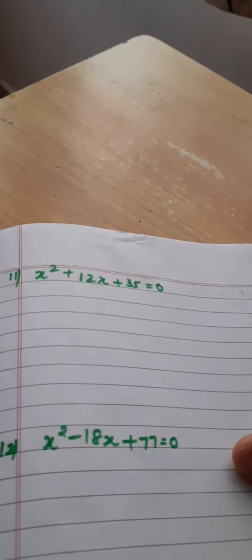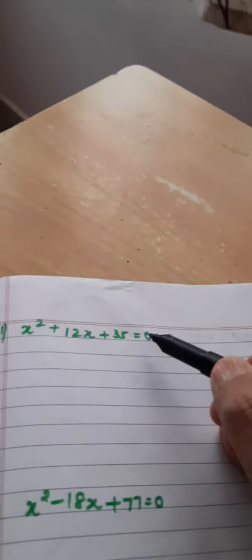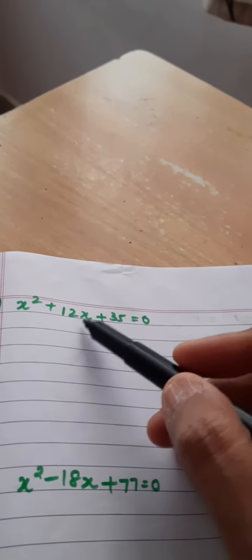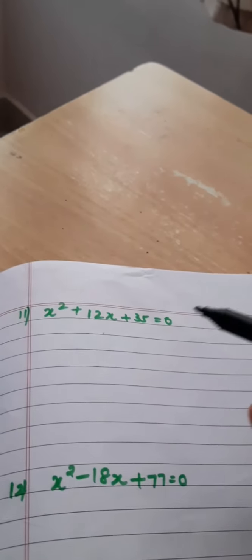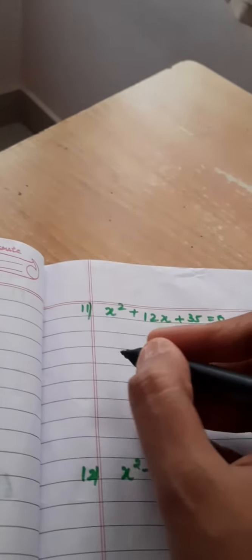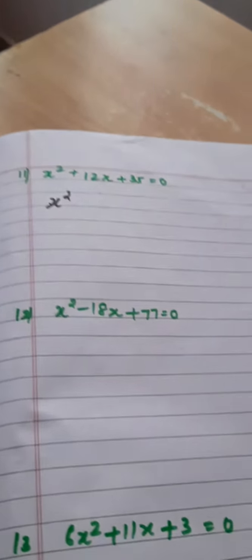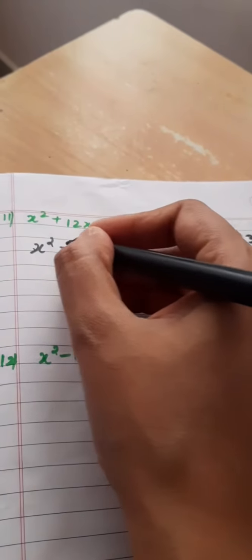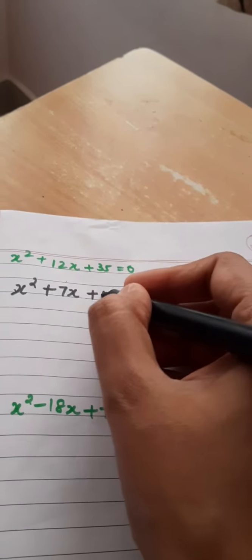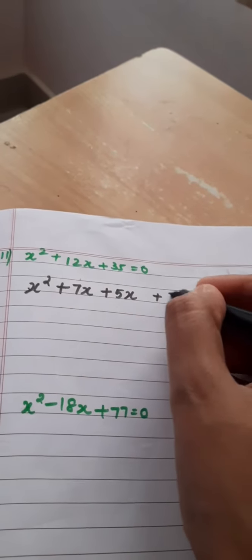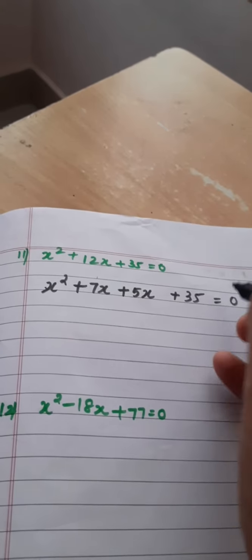Next question number 11, it's 35 over here. We can write 35 as 7 5s are 35 and 7 plus 5 is 12, which is the coefficient of b. So we can write it as x square plus 7x plus 5x plus 35 equal to 0.